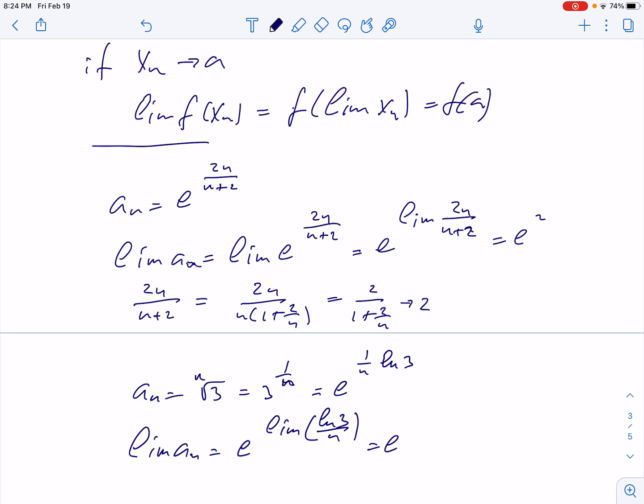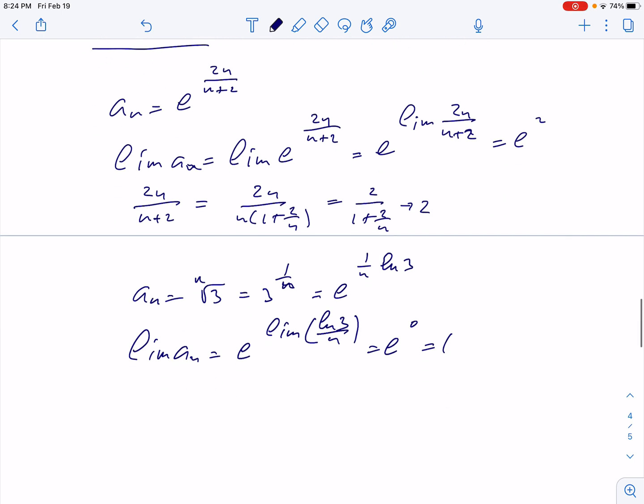This is e to the 0 power, which is 1. So the nth root of 3 approaches 1 when n grows to infinity. And in the place of 3 we can put any positive number. If a is any positive number, take consecutive roots of a, they approach 1. This is one interesting limit. It's good to remember it.